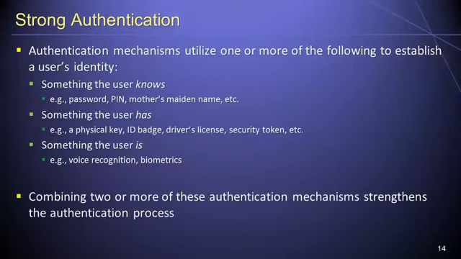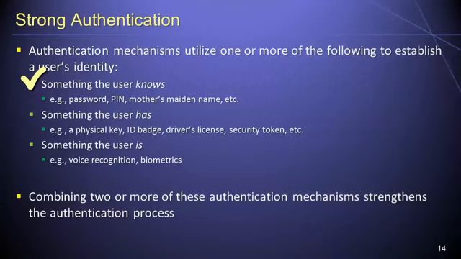When thinking about authentication mechanisms, consider that all authentication mechanisms use different combinations of just 3 things in order to establish a user's identity. First, an authentication mechanism might use something that the user knows.